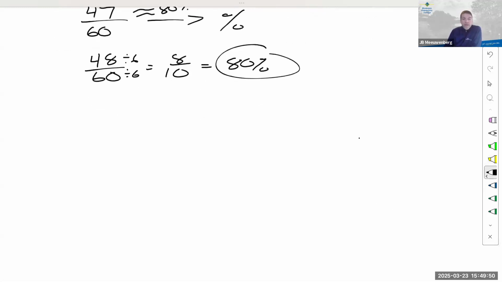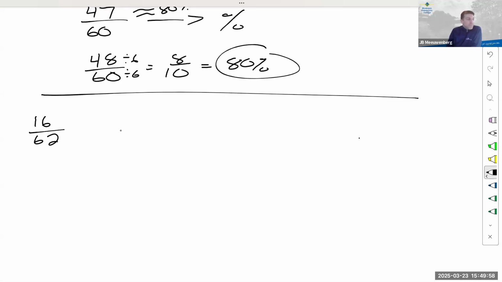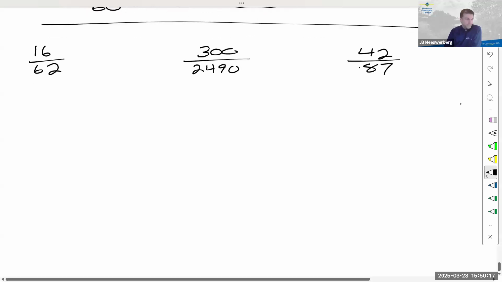So let's try this. We'll go three different fractions here. We'll go 16 over 62, and we will go 300 over 2,490, and finally we will go 42 over 87. So adjust the numbers in the fractions so that it's easy to change them into a percentage.